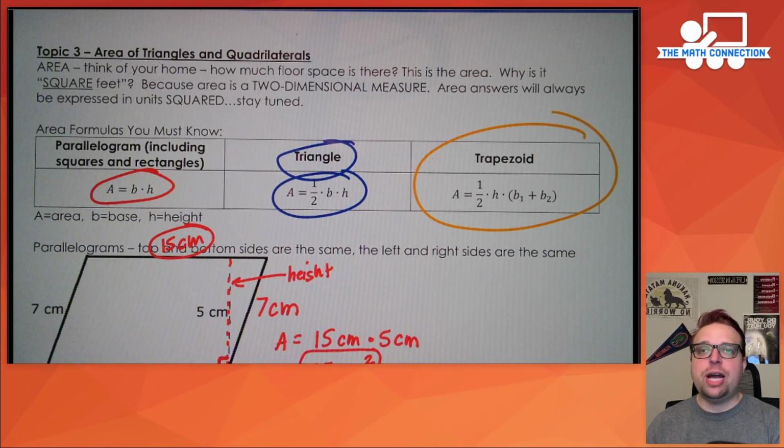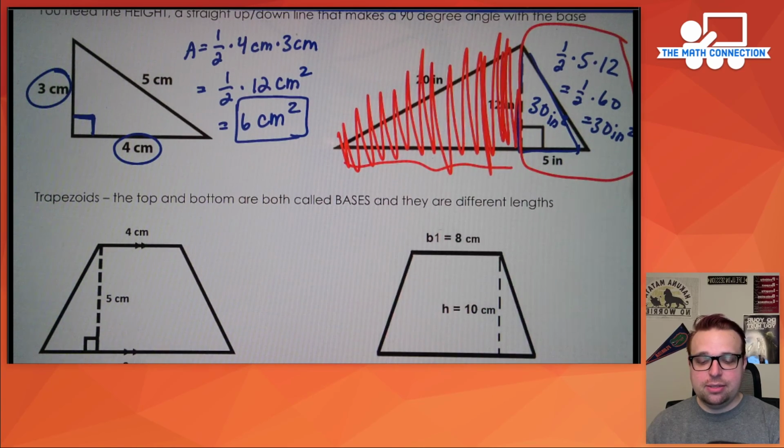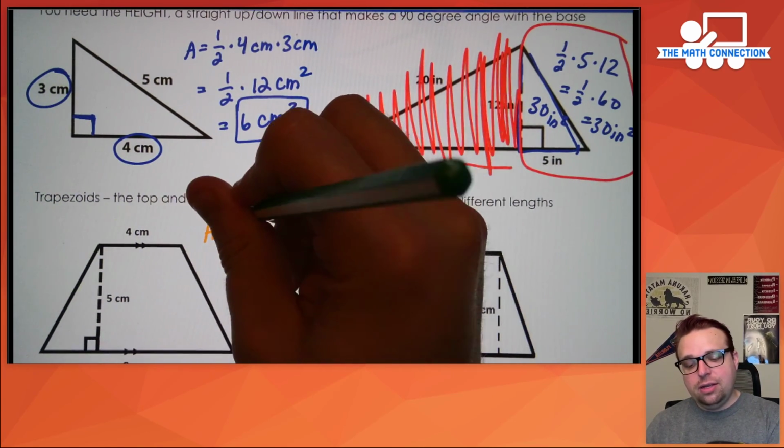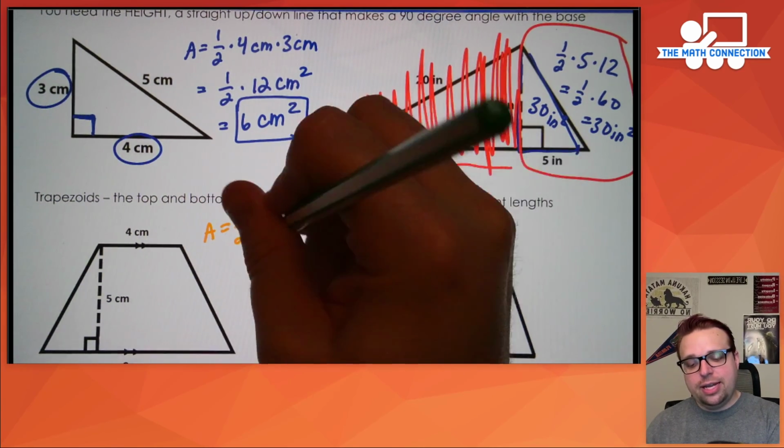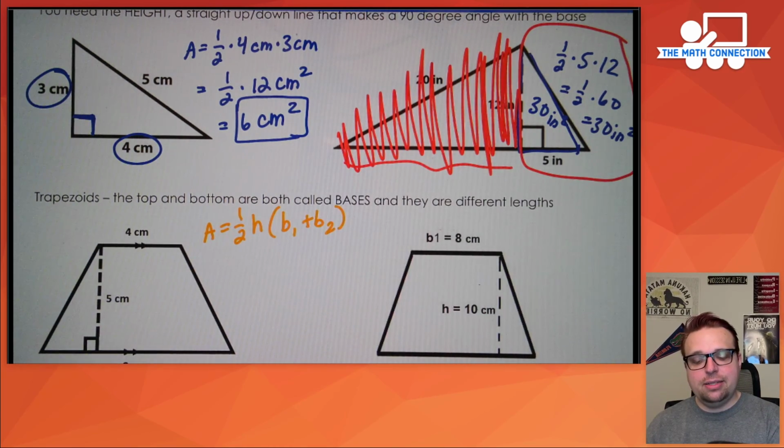The area of a trapezoid is 1/2 times the height times the sum of both the bases. Okay, so you have to get that formula, either write it down or try to start memorizing that. So all you really have to remember is that the area is 1/2 the height times the first base plus the second base.